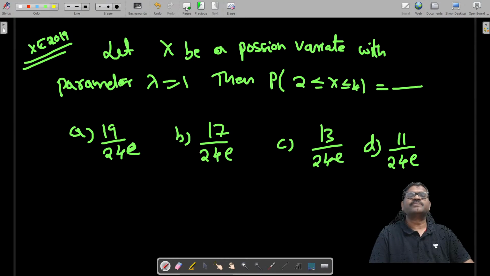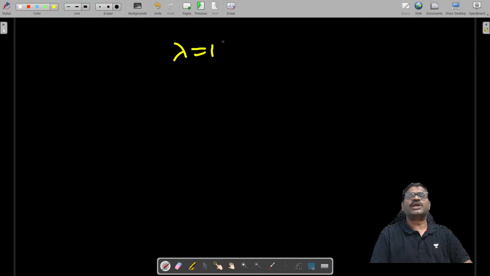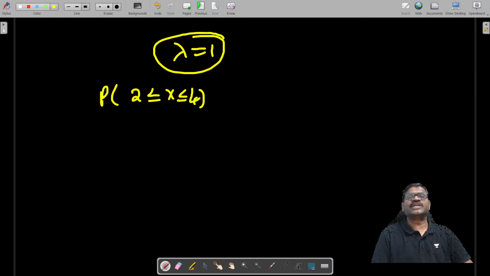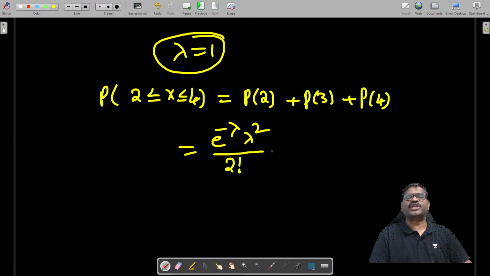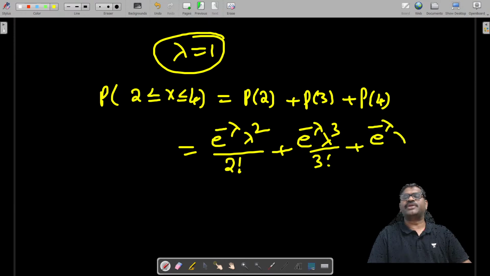Understood? Now here lambda equal to 1, we have to calculate probability of 2 less than or equal to X less than or equal to 4, that is 2, 3, 4. e power minus lambda into lambda square by 2 factorial, plus e power minus lambda into lambda power 3 by 3 factorial, plus e power minus lambda into lambda power 4 by 4 factorial.